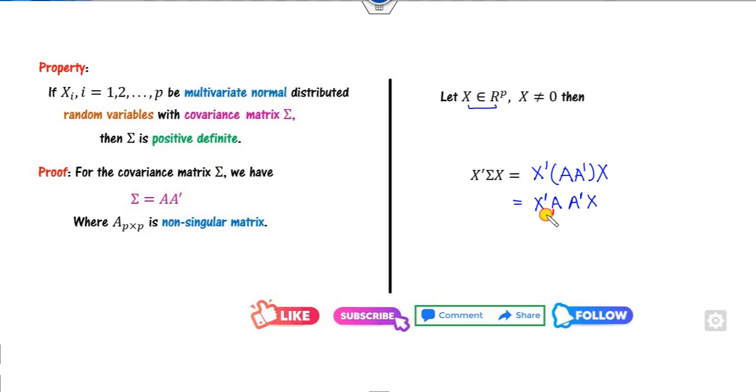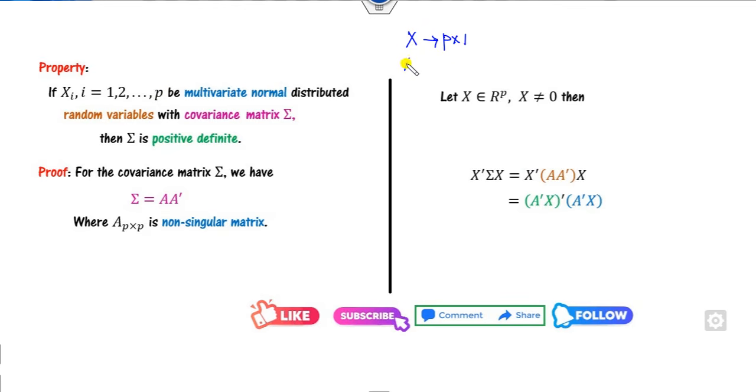I can write this number as the transpose of A transpose x. Again, by using the same property, (AB) transpose is B transpose A transpose, and this number as such here. Fine. Now you can see these are the same vector, A transpose x and A transpose x. Now, what is the size of x? p cross 1.